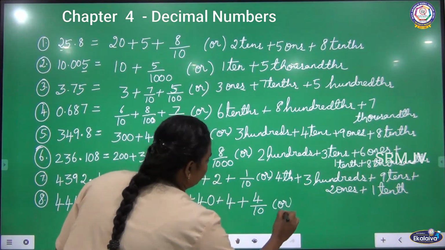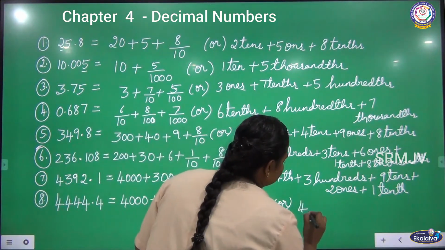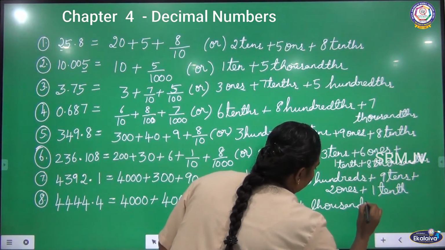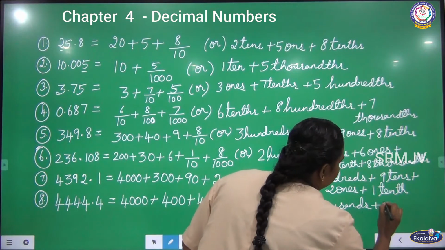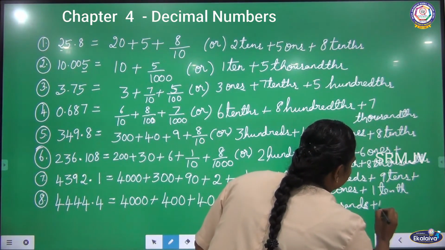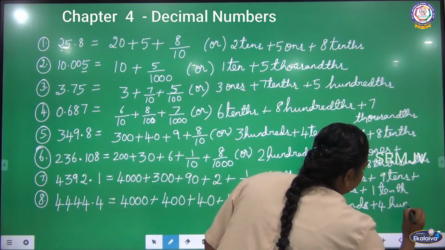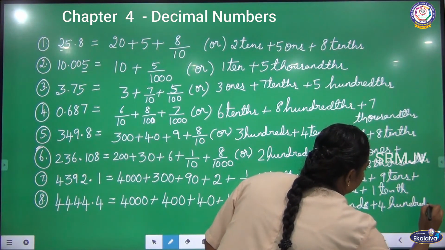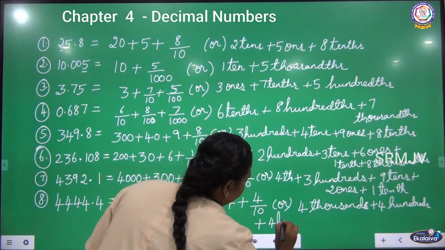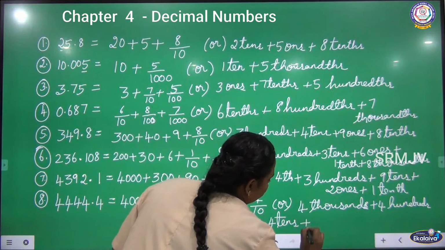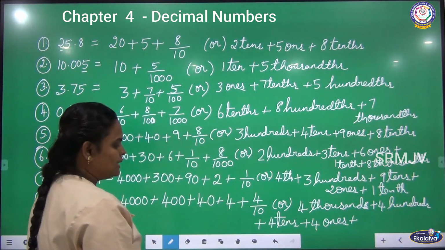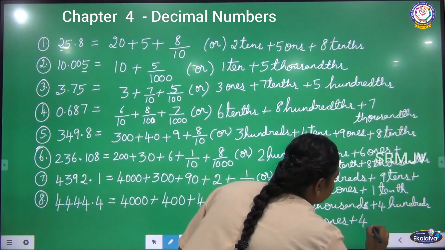So you can write 4000s plus 400s plus 4 tens plus 4 ones plus 4 tenths.